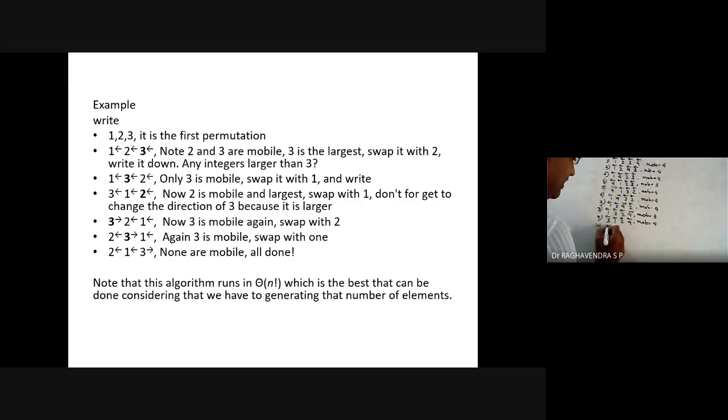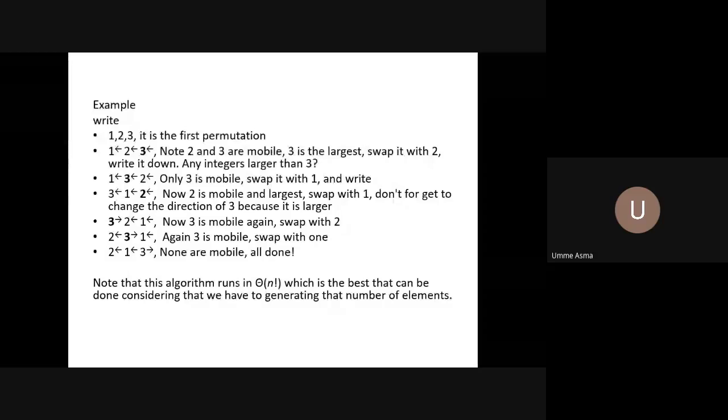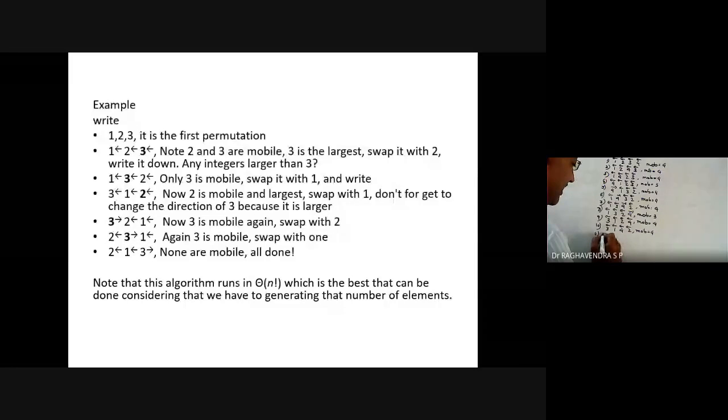So 3, 1, 4, 2. What is a mobile? 4. So now 3, 4, 1 and 2, because 1 and 4 we have to interchange. And once again mobile is equals to 4. We have 4 and 3, and we have 1, we have 2.